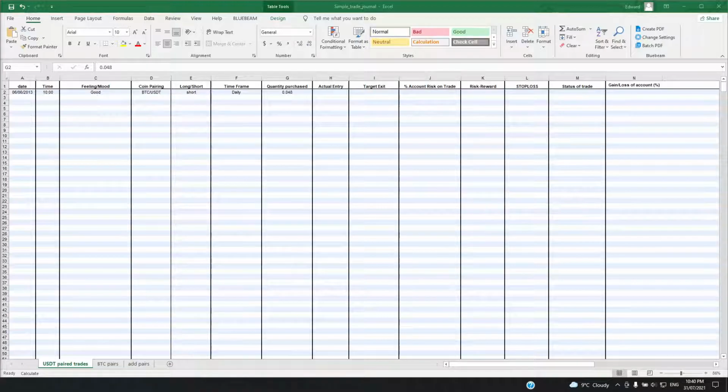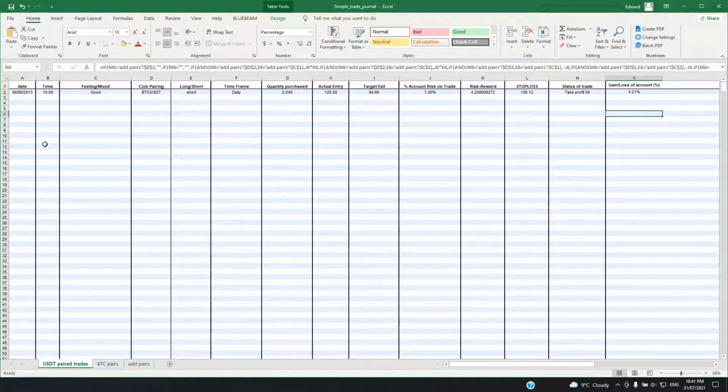So our entry price was $120.08. That's the madness. So our exit target, our profit. Account risk 1%. Our stop loss there. Status of trade: take profit triggered. 4.21%.